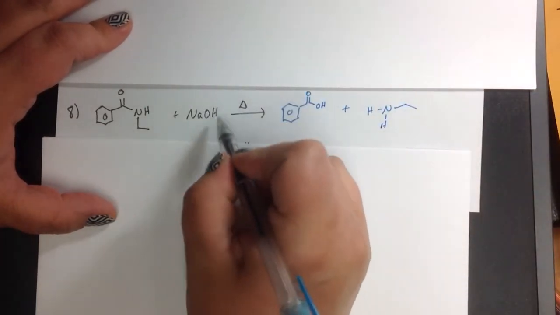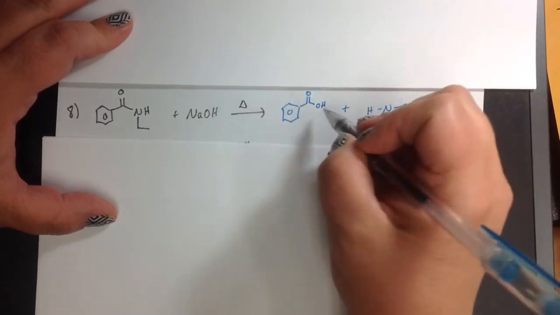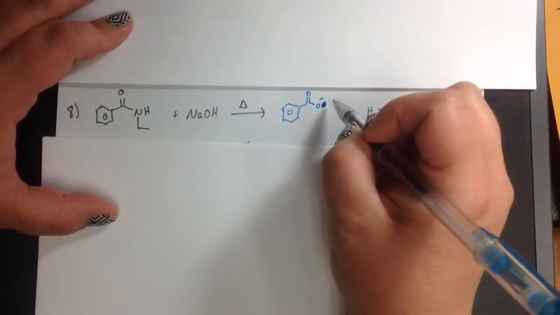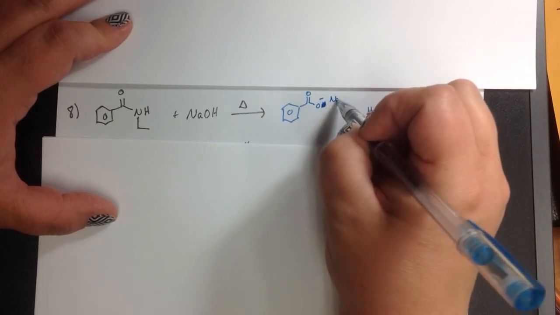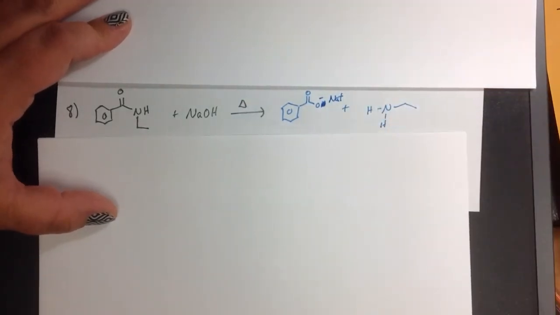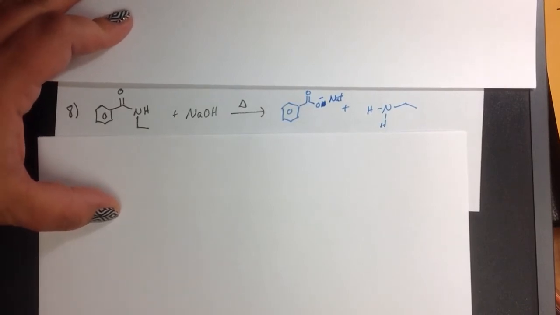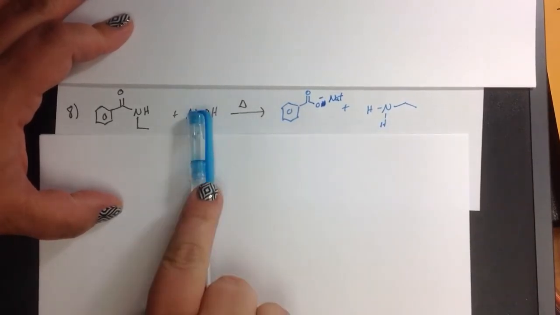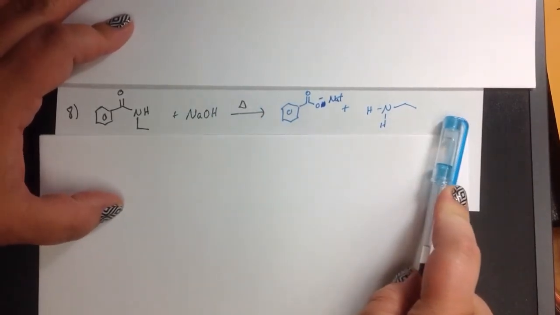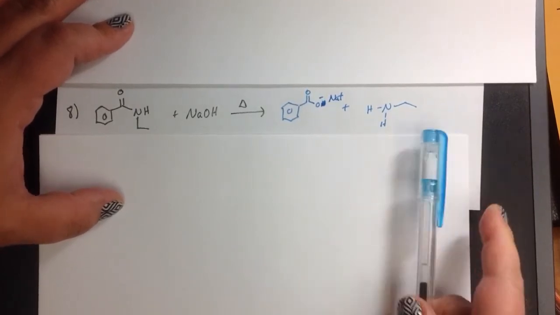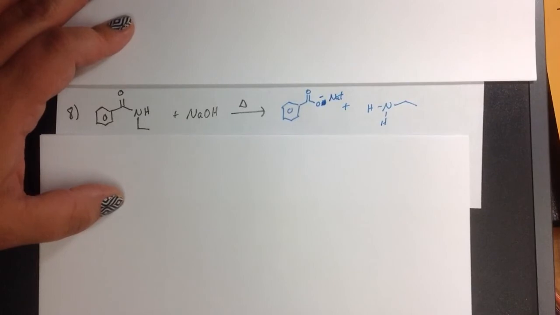Because of the fact that this is in base, it's going to remove this hydrogen, give you a negative charge, along with Na+. So you might just say, well, you showed me water last time, but you're not showing it to me this time. I'm not showing it to you because I'm also not showing it to you where it's going into the reaction or coming out. Again, it's assumed, and that's fine. You can show it, you could not show it. It's up to you in this case, okay?